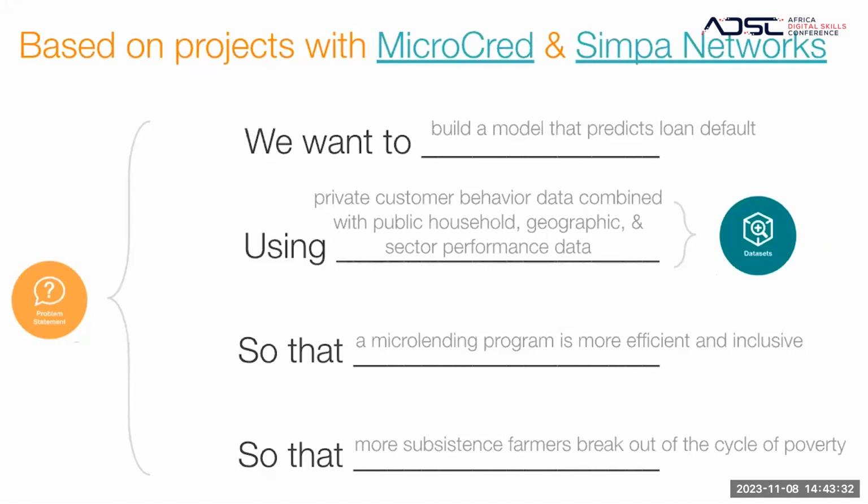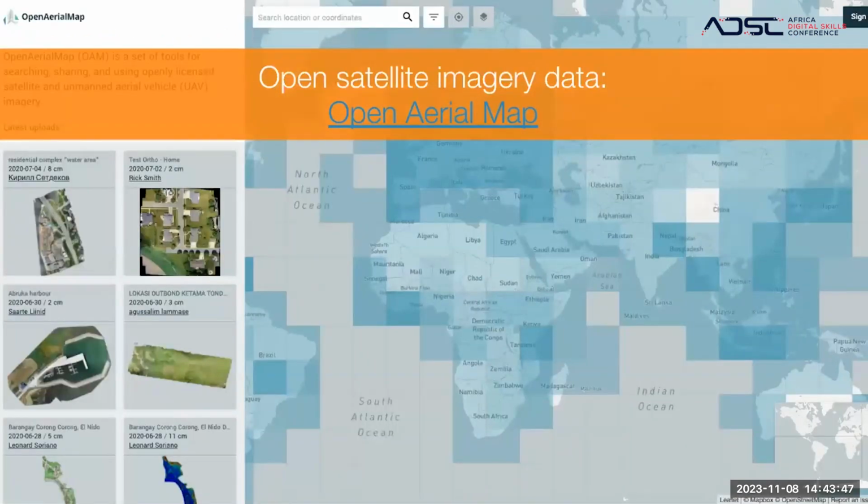DataKind combined this information with public government data giving household financial norms, as well as sector performance data from financial multinational organizations. And all these data combined contributed to the predictive models built.